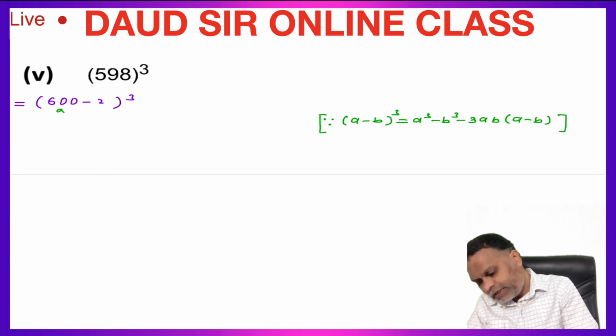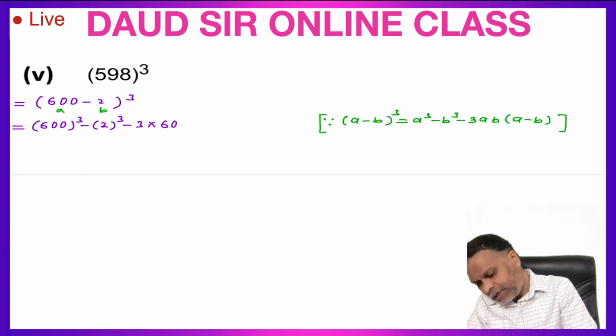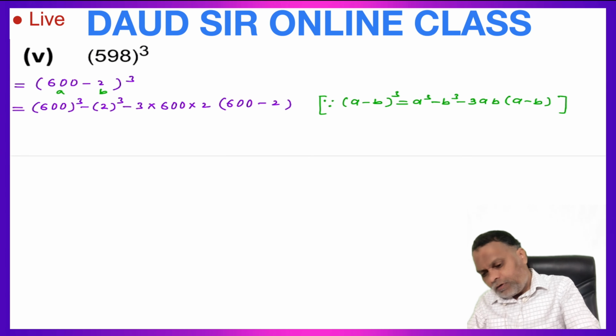Here a is equal to 600, b is equal to 2. So which is equal to 600 whole cube minus 2 cube minus 3 into 600 into 2 into a minus b, 600 minus 2. Open it.